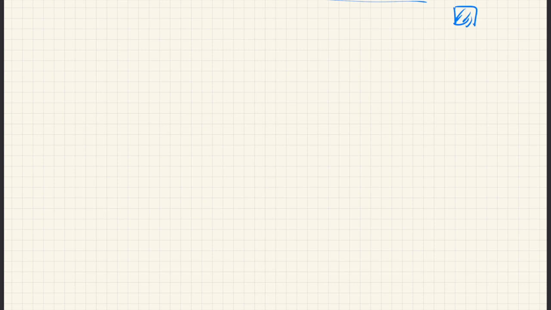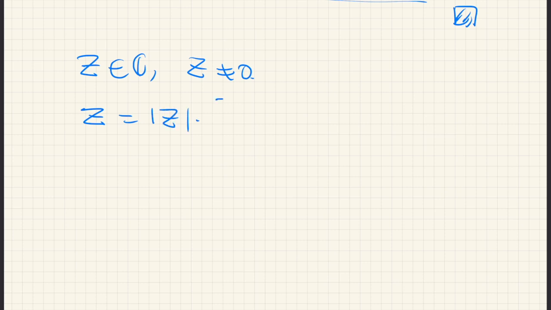Okay, so for any complex number, as long as it's non-zero, we can decompose, so to speak, this complex number into its modulus and its complex part with a modulus of 1, right? This second part has absolute value 1.